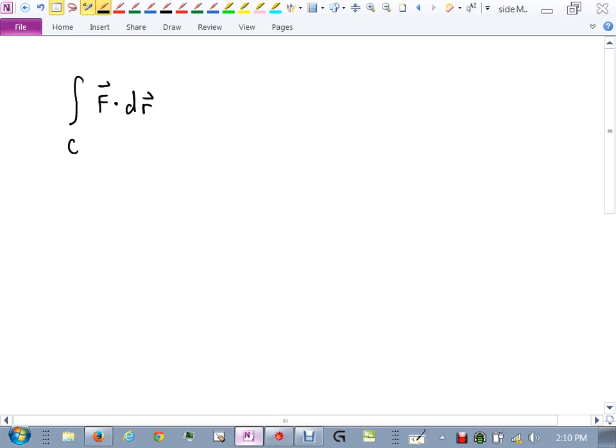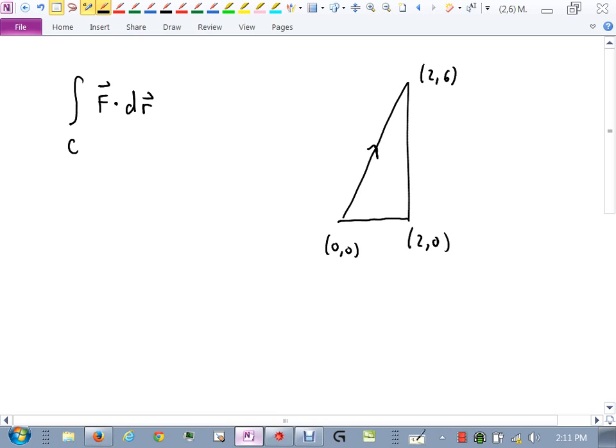Physically, when I first introduced F dot dr, it was the work. That's how we had geometrically tried to understand what F dot dr was. So this is like a work problem. We're trying to compute the work done when you take a curve that connects 3 points of a triangle: (0,0), it goes to (2,6), and then (2,0), and then back.